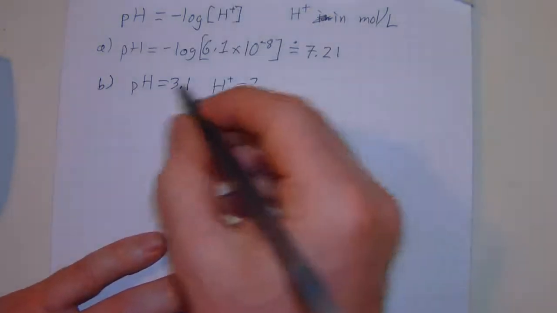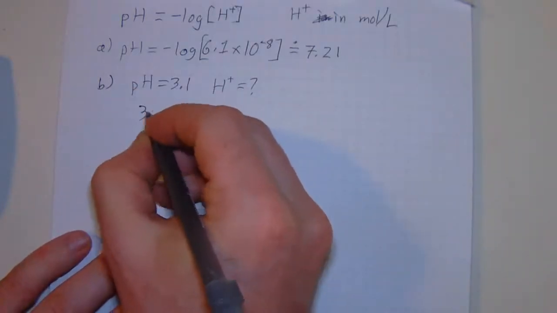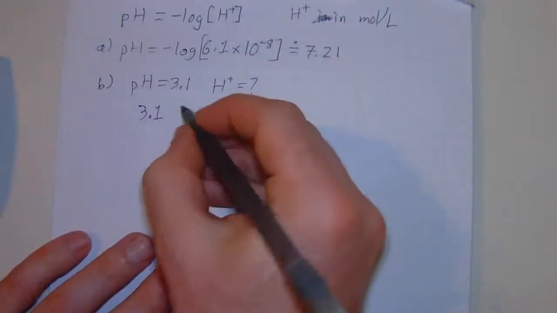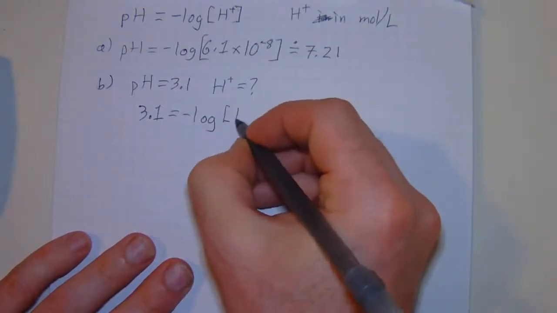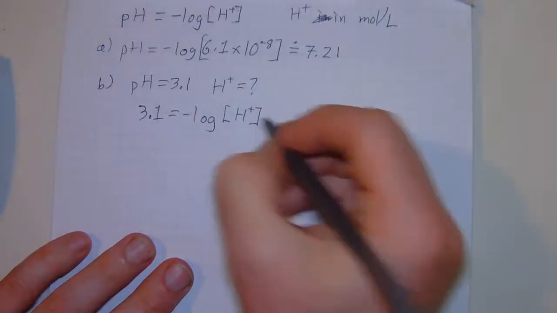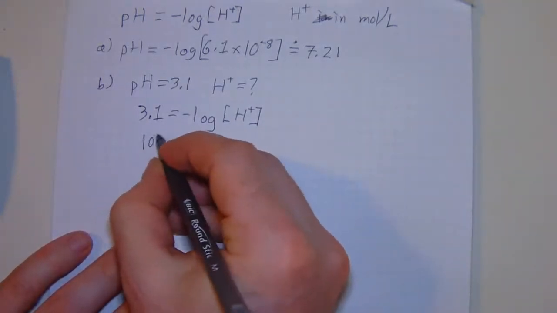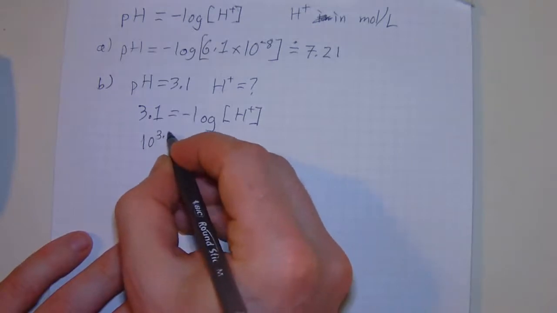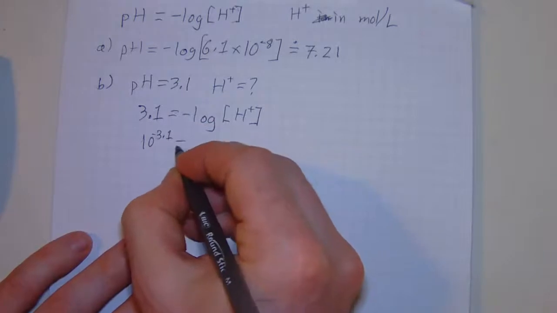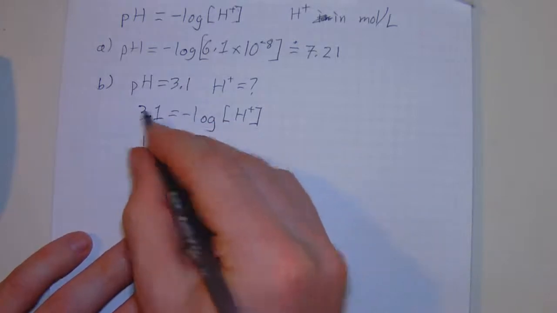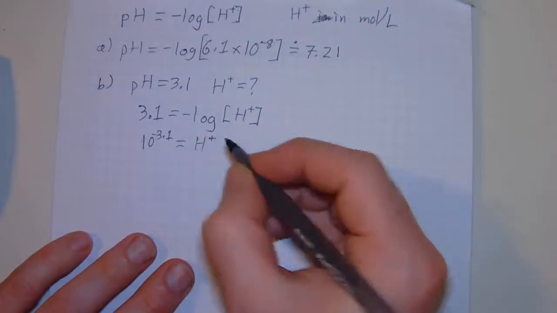Okay, so we have a pH of 3.1. We want to know the concentration of hydrogen ions. So we again use our equation, negative log of the hydrogen concentration, and we're going to turn this into exponential form. I'm going to move the negative sign over in front of the 3.1 and then change this to exponential form.